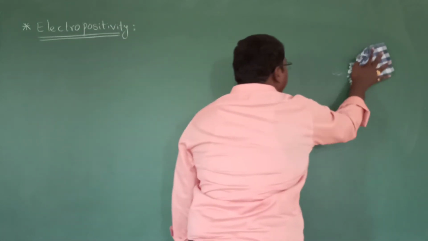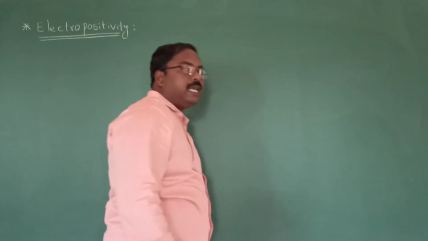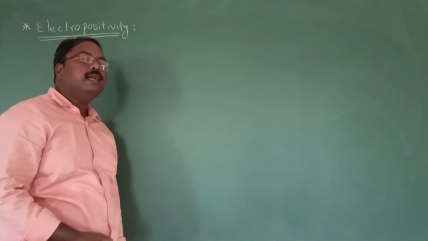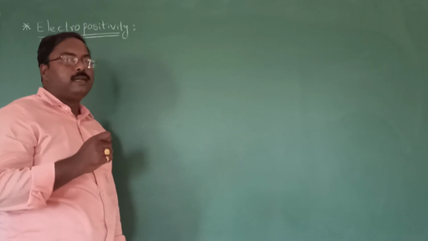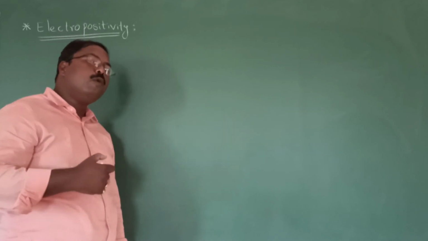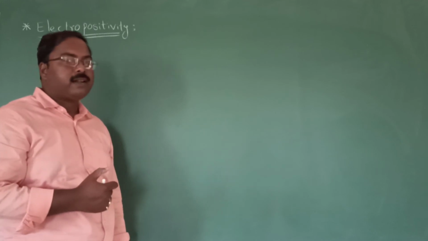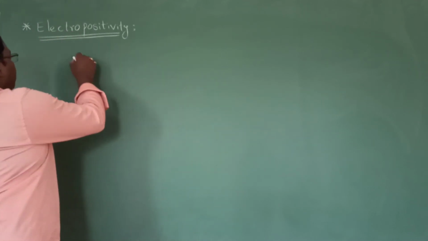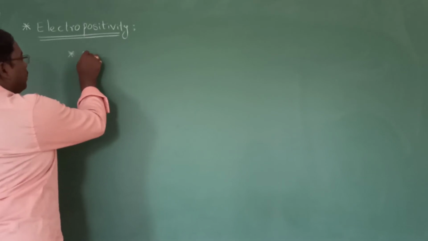Generally in the periodic table, which elements have more tendency to lose the electron? Generally we all know that the elements which have more tendency to lose the electrons are named as metals. So mention that point also in the notes.